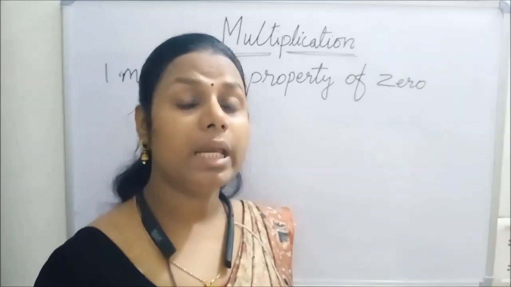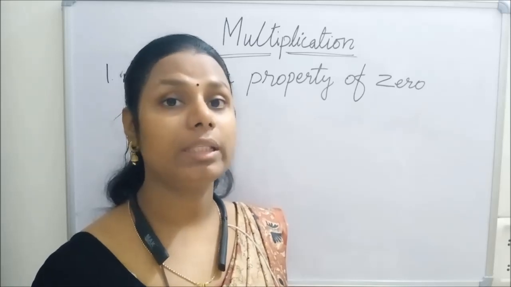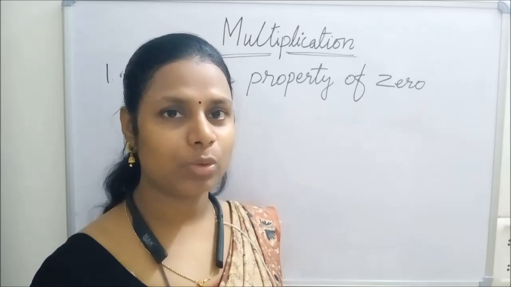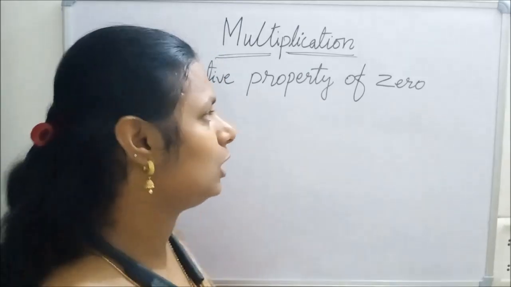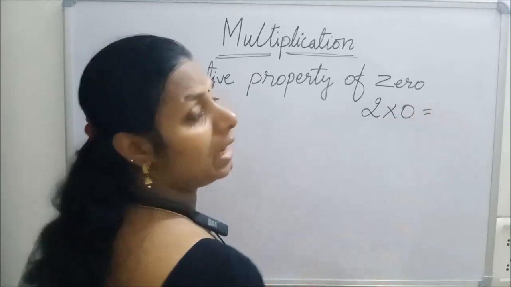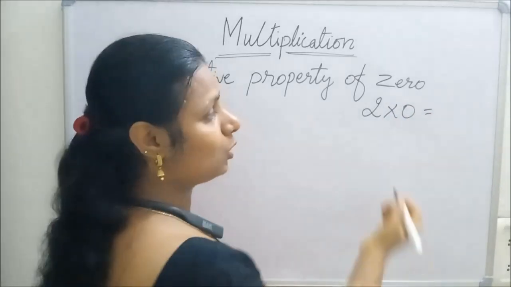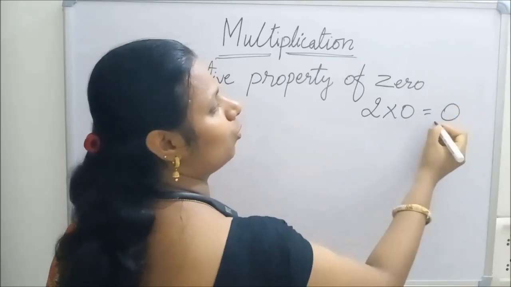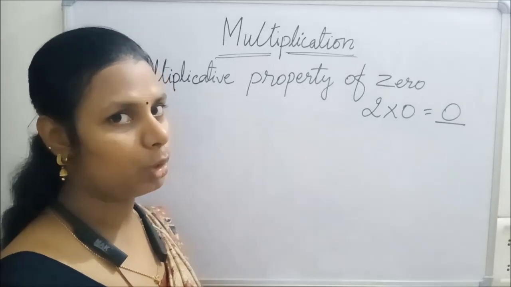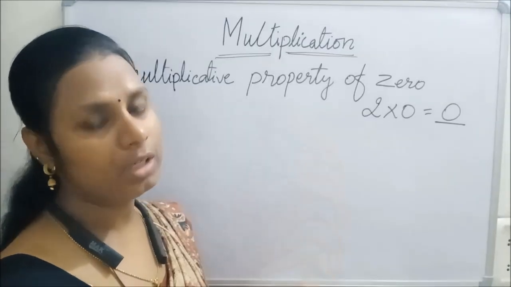That means any number, if you multiply by 0, you get the answer 0. For example, 2 multiplied by 0. What is the answer? You may know, you have learned in first, second, third standard. So, 2 zeros are 0. Whenever you multiply any number by 0, you get the product 0. So, this is the multiplicative property of 0.